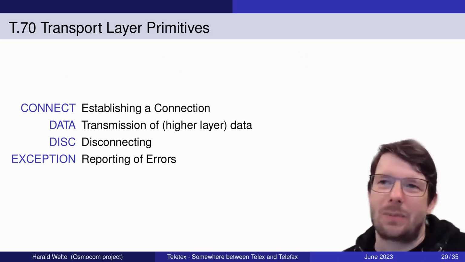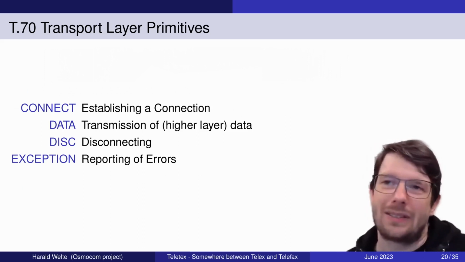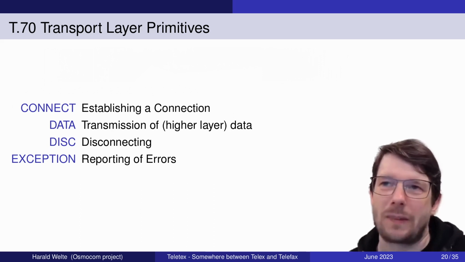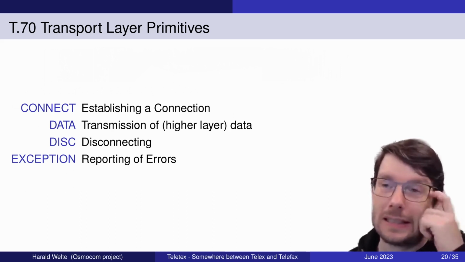So the transport layer, the T.70 layer, is very simplistic. It only has 4 different primitives: a connect to establish a connection, data to transmit higher layer protocol data, which includes a segmentation mechanism to segment larger messages into smaller ones, a disconnect, and some exception message for reporting of errors. So it's super simplistic, not all that much to do there.